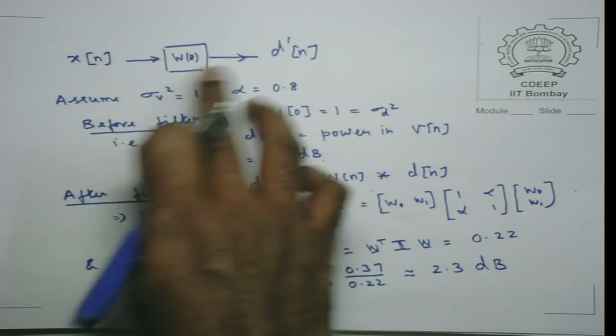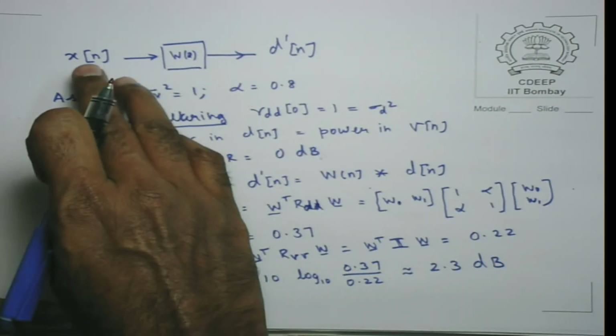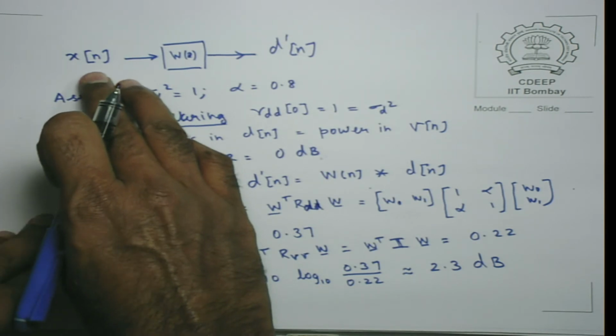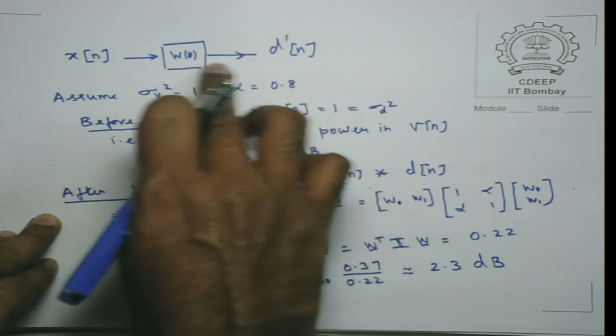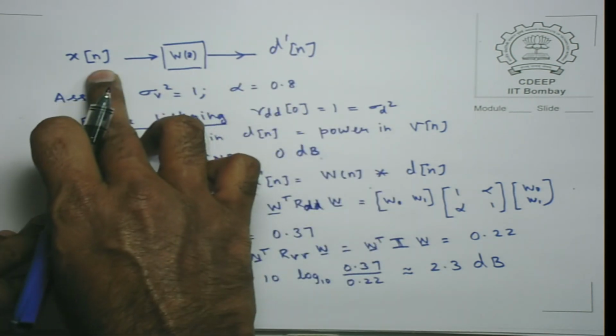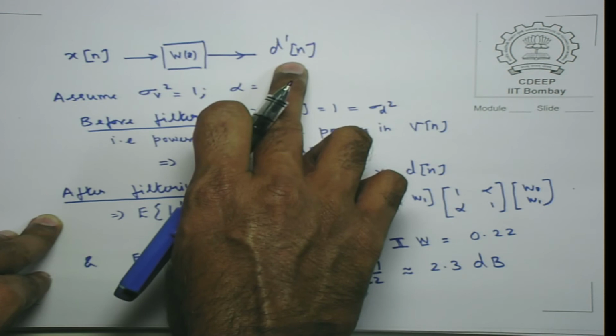If you think at a very high level of signal processing, where there is signal and noise, we want to increase the SNR. If the SNR has a certain value here, we want it to be higher at this output.